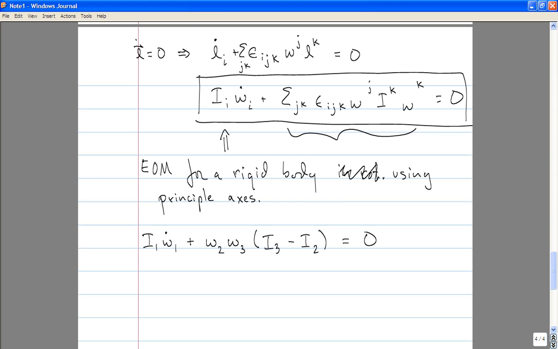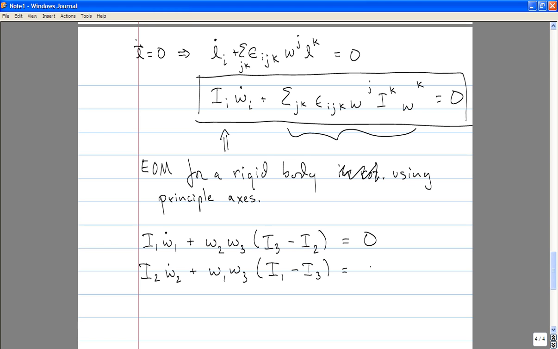Likewise, the equation when I is equal to 2 is I2 omega 2 dot plus omega 1 omega 3. And now we just need to look at the signs here. So I is equal to 2, so j and k will be equal to 1 and 3, respectively, with a plus sign when j is equal to 1, and a minus sign when k is equal to 1.